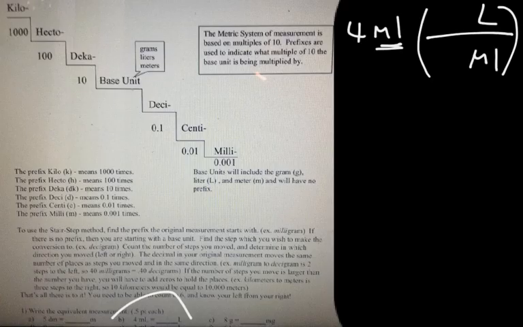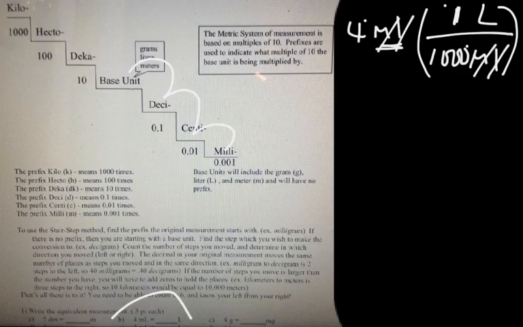We know from experience that 1 of this larger liter is equal to 3 jumps, 1,000 mL. So the mLs and the mLs cancel. It's 4 times 1 divided by 1,000. You go from there, so it's 0.004 liters, and that's it.